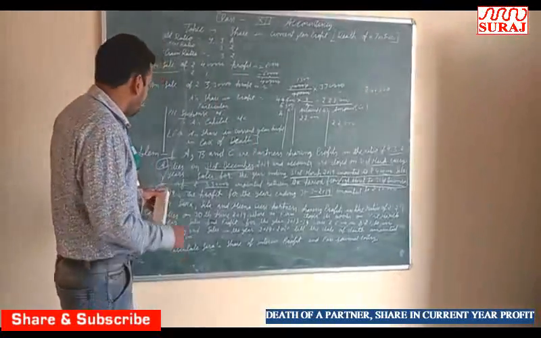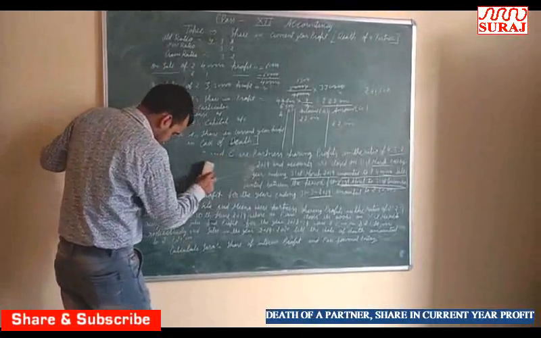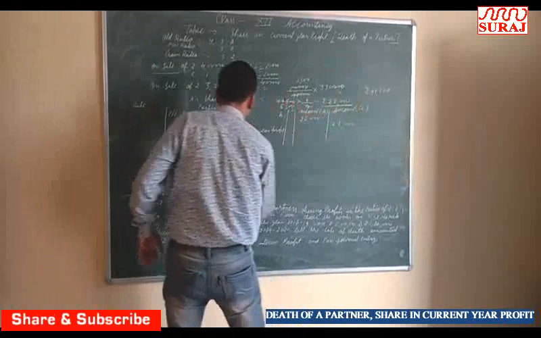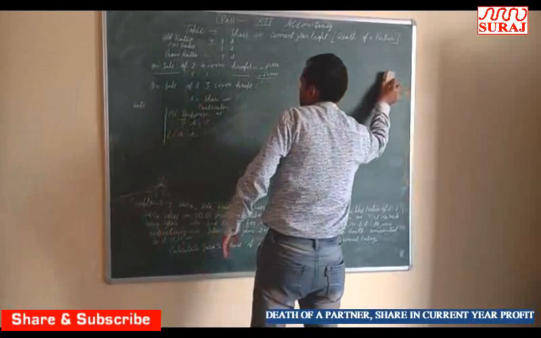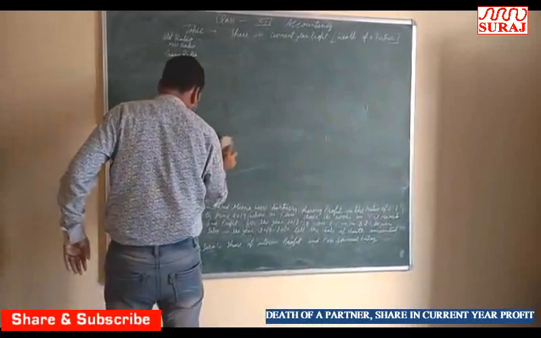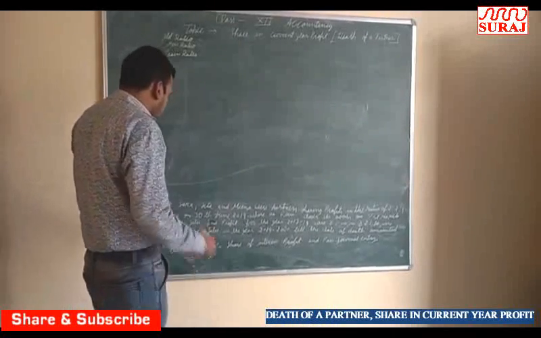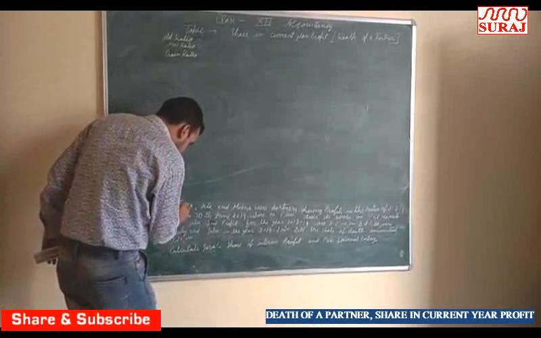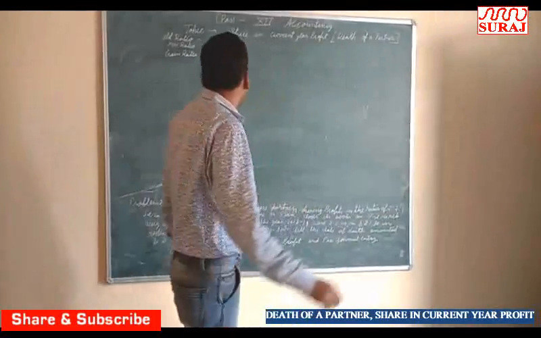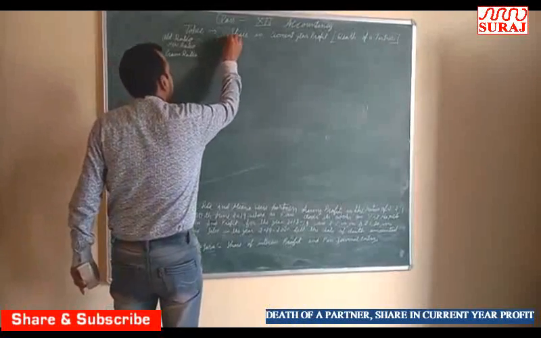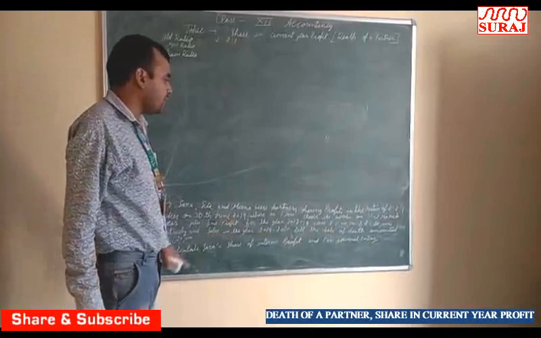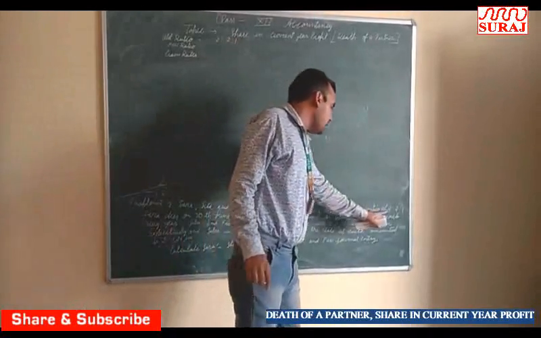Now come to the second problem, dear students. Sara, Sita and Meena are partners sharing profit and loss in the ratio 2:1. Old ratio given is 2:1. Sara dies on 30th June 2019 and the firm closes its books on 31st March every year.